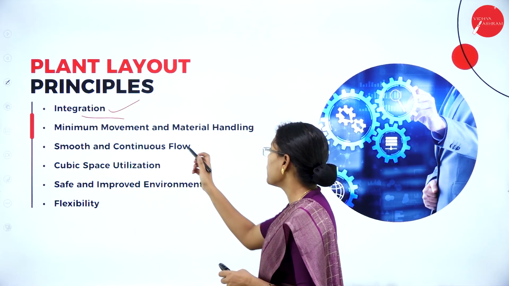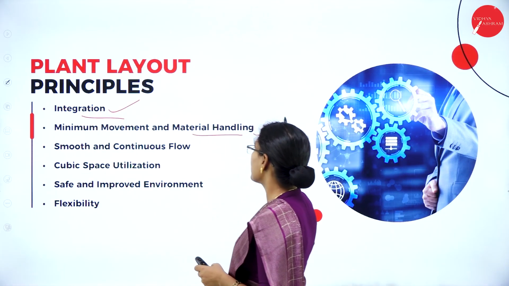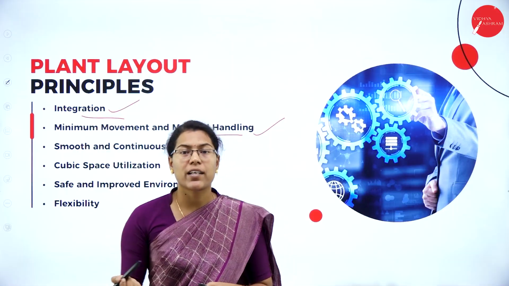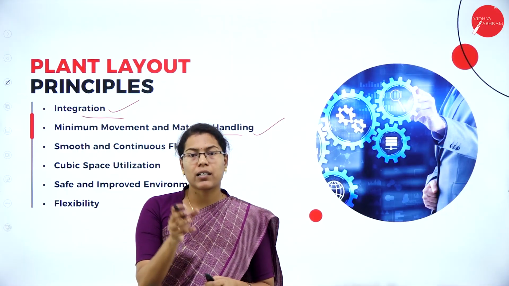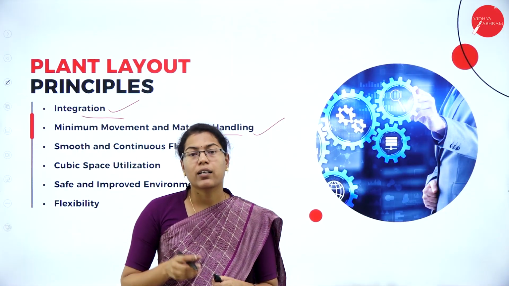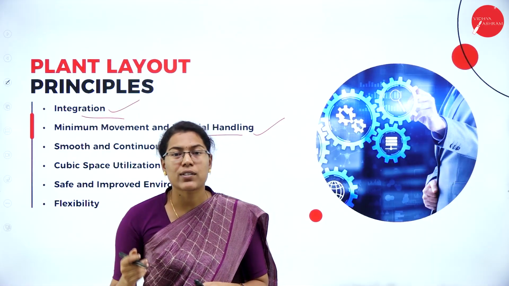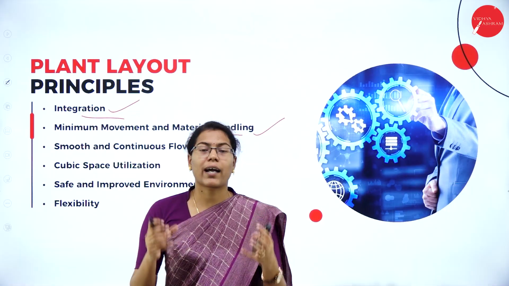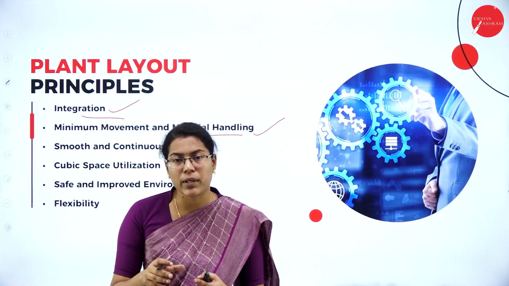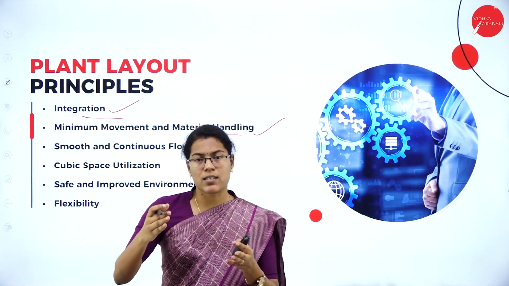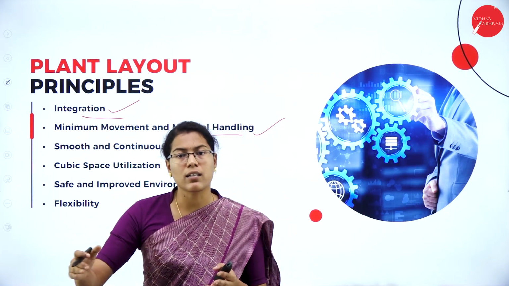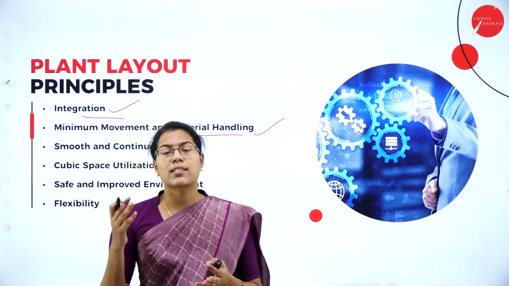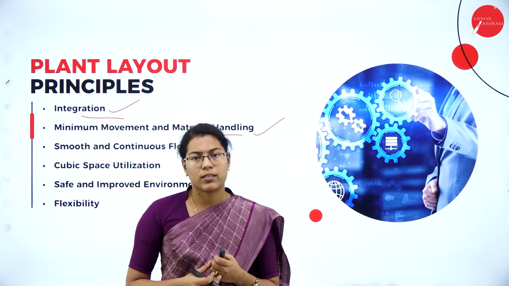Next we have minimum movement and material handling. This principle aims to reduce the time spent on movement of the materials and the workforce. The idea is to keep everything in one place so that the processes get faster and smoother, and unnecessary movement of workers as well as materials can be avoided.